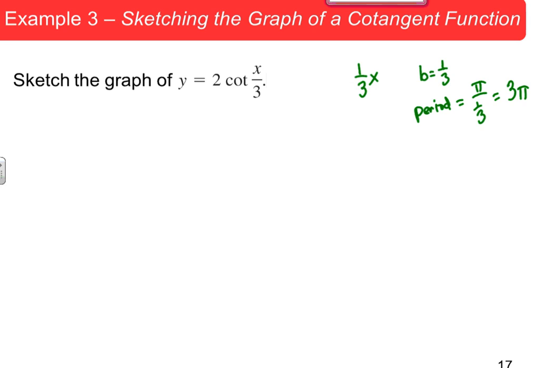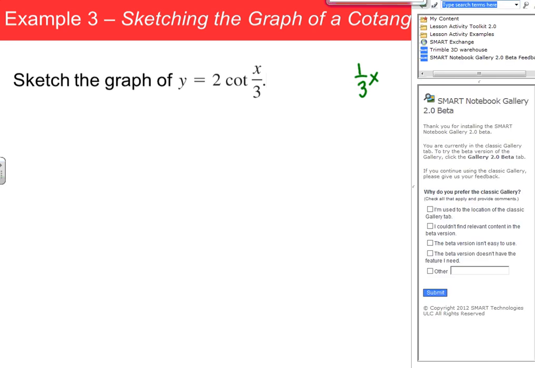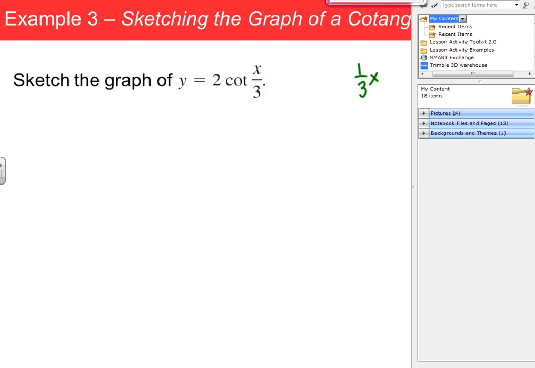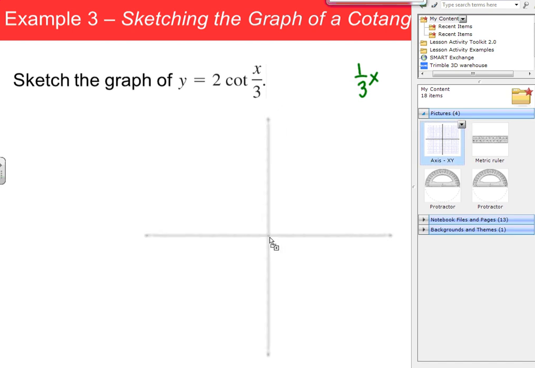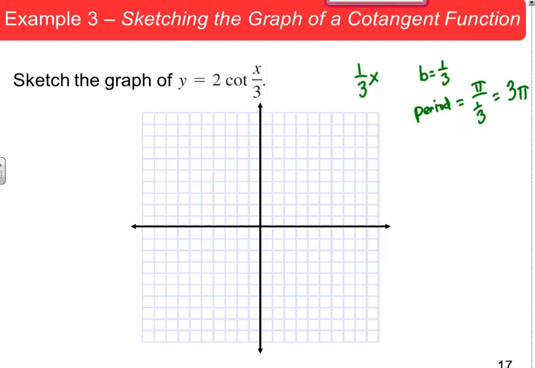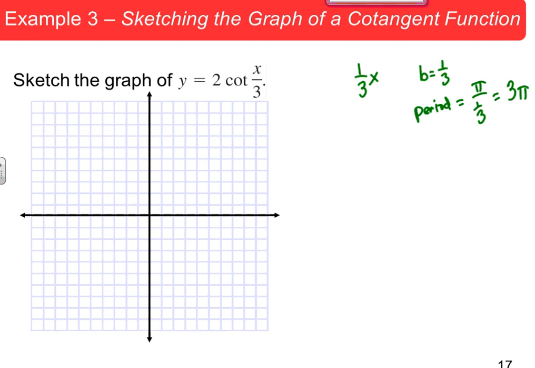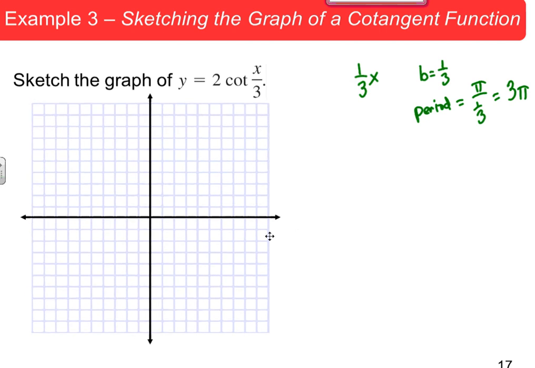When I'm going to graph the cotangent function, I could maybe find a piece of graph paper. And if you remember back before Christmas, we looked at where the period would begin and end.